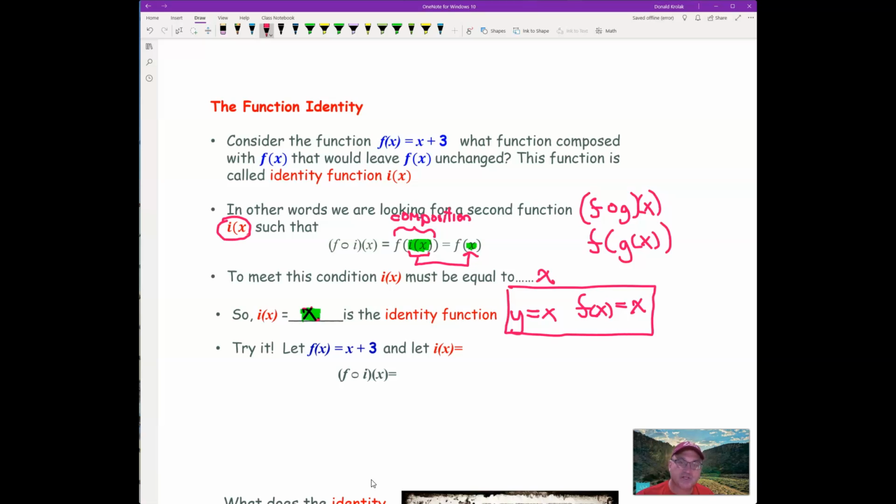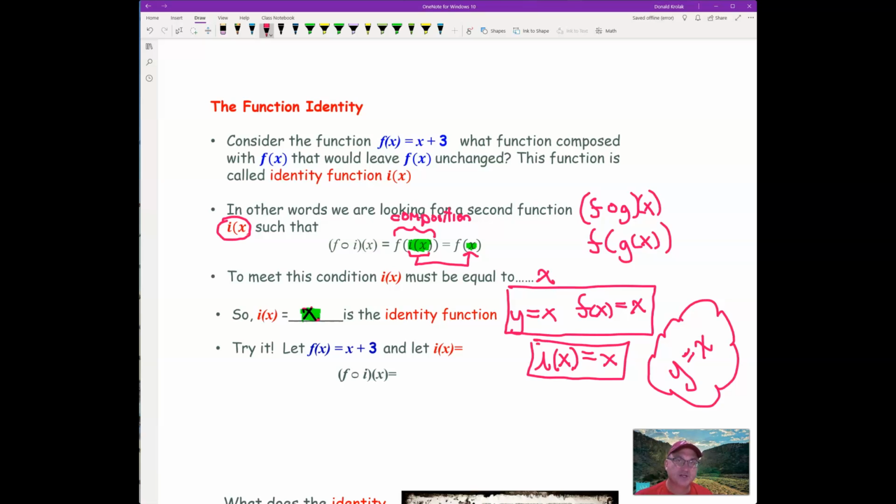I just used the letter I so that we would know that's the identity. And some textbooks do that. All of those are the same thing. So when we talk about identity functions here, as we move through this lesson, the way I want you to think about it is when you think about the identity function, just think about the equation y equals x. That's what the identity function is.